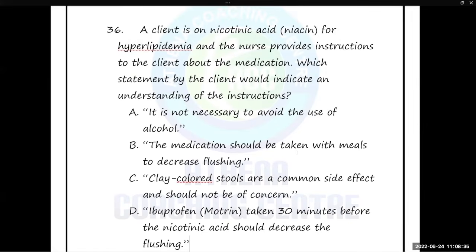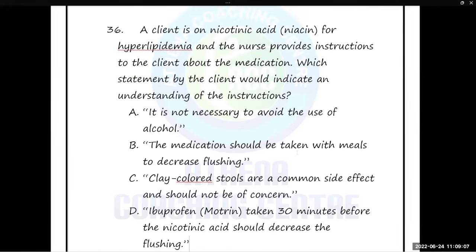And there are certain kinds of food that reduce flushing, for example, apple sauce. There are certain fruits that will reduce the flushing. And when a person is taking nicotinic acid, they have to reduce alcohol consumption, and should not take alcohol.